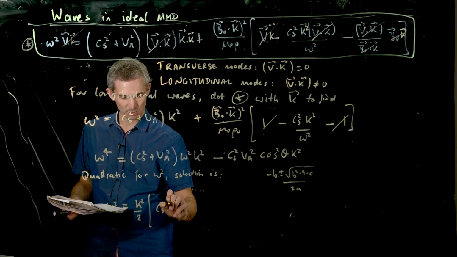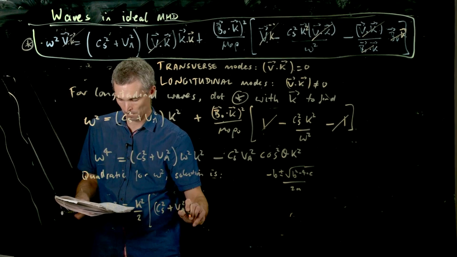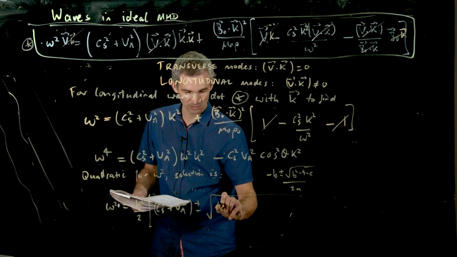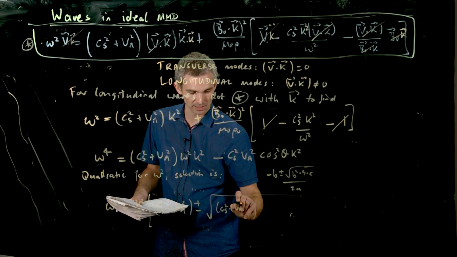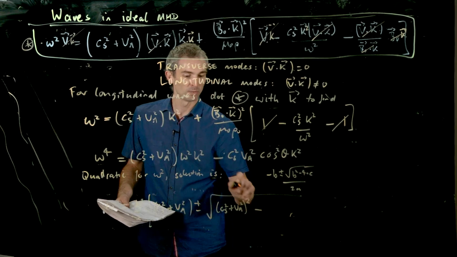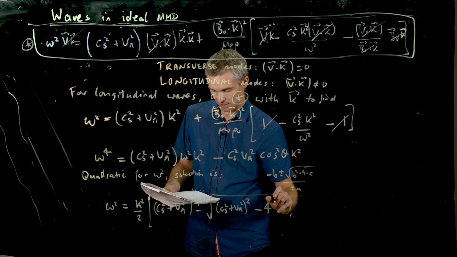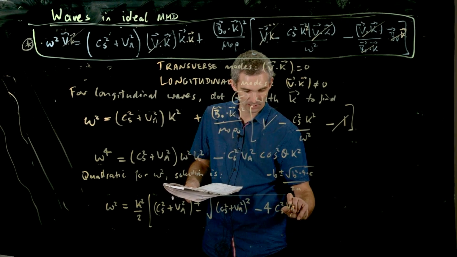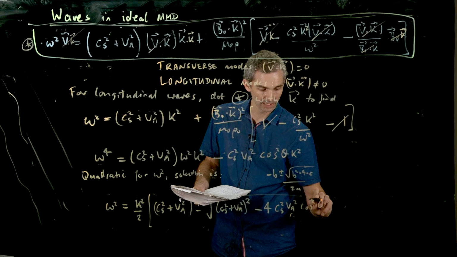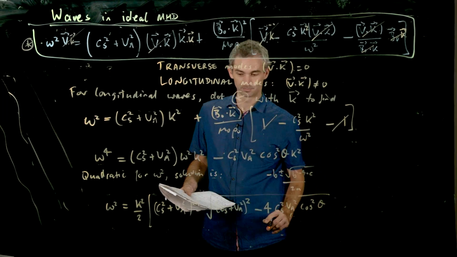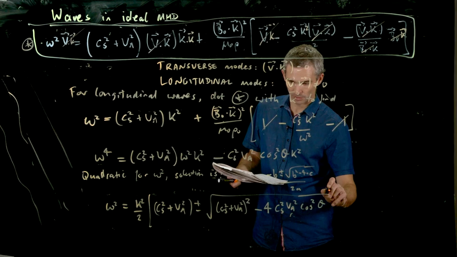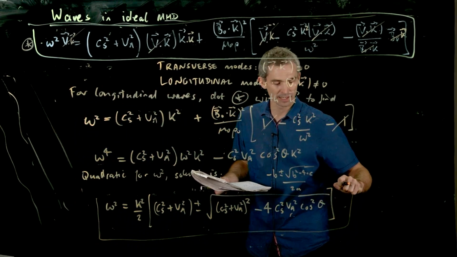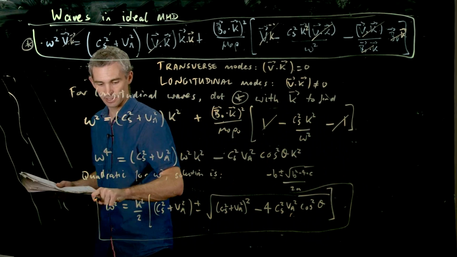So this is sound speed squared plus alphane speed squared, plus or minus the square root of sound speed squared plus alphane speed squared, so this is the b squared, all squared, minus 4 times a times c. a is just 1. c is this thing, so it's sound speed squared, alphane speed squared, cos squared theta. That's it, with the k squared out the front. Okay, so for our longitudinal waves, that is our dispersion relation. So that was a long time to get to that.